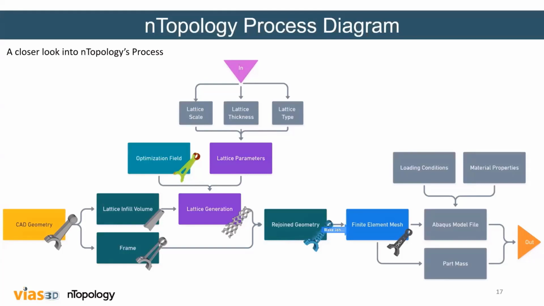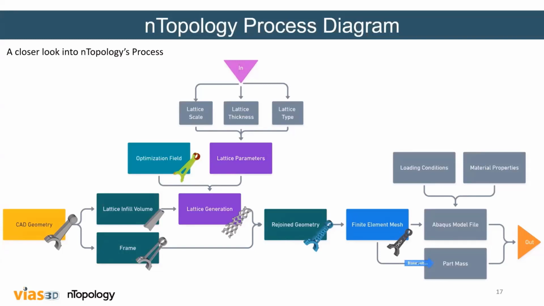We're not getting into that today, but very robust and fast meshing algorithms through voxelization. And from there, the two things we're outputting from nTop are the Abaqus model file, right? The thing that's going straight into Abaqus, and also the part mass. So those are joining in and going out.